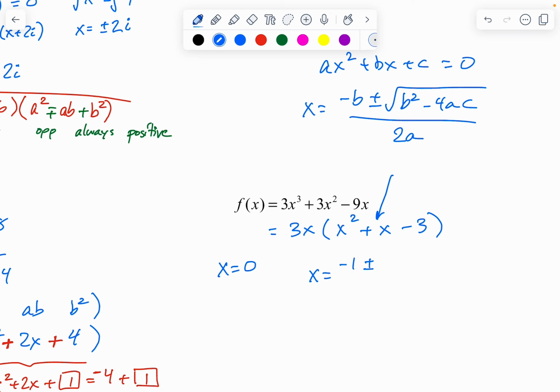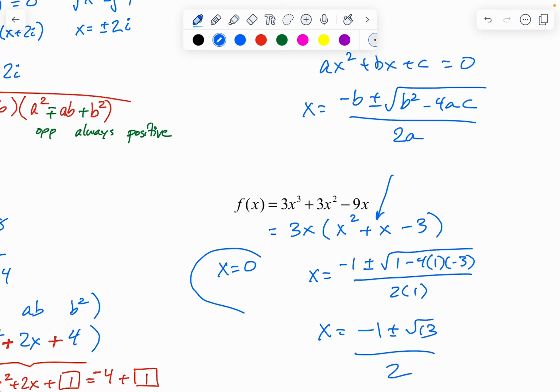So it's -1 plus or minus the square root of b squared, which is 1, minus 4 times 1 times -3, all over 2a. And so I see x is equal to -1 plus or minus the square root of 12 plus 1, which is 13, over 2. And so here are my answers.